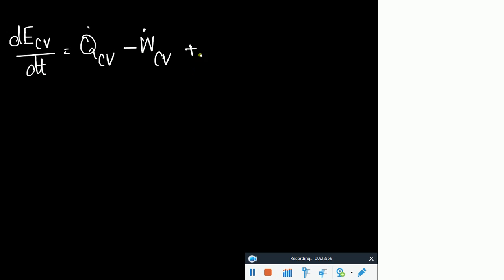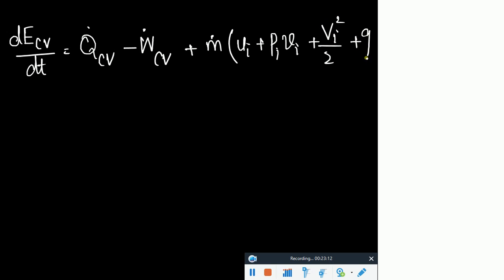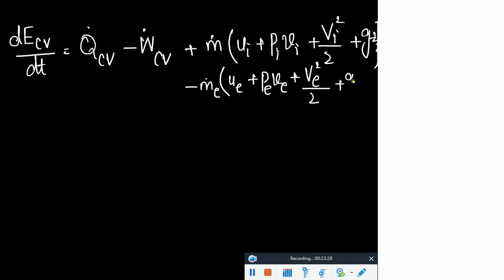So then I can combine it with the other terms, and I can say this is UI plus PI VI plus VI squared by 2 plus GZI, minus m dot E, UE plus PE VE plus V squared E by 2 plus GZE.